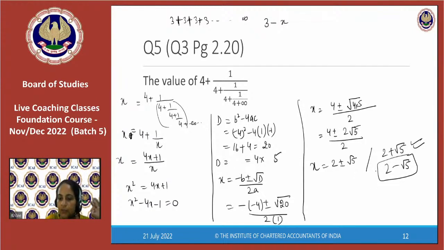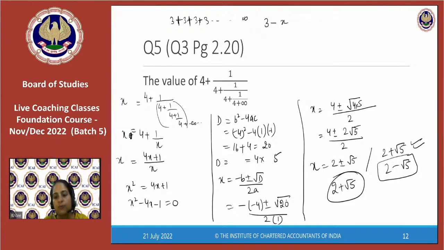So when I have two roots of x, 2 plus root 5 and 2 minus root 5, why will 2 minus root 5 never appear? Because there is no minus happening here. There is no number being deducted. So the only number that you get here is 2 plus, in the form of addition. So your answer will come in the form of addition only, that is 2 plus root 5.